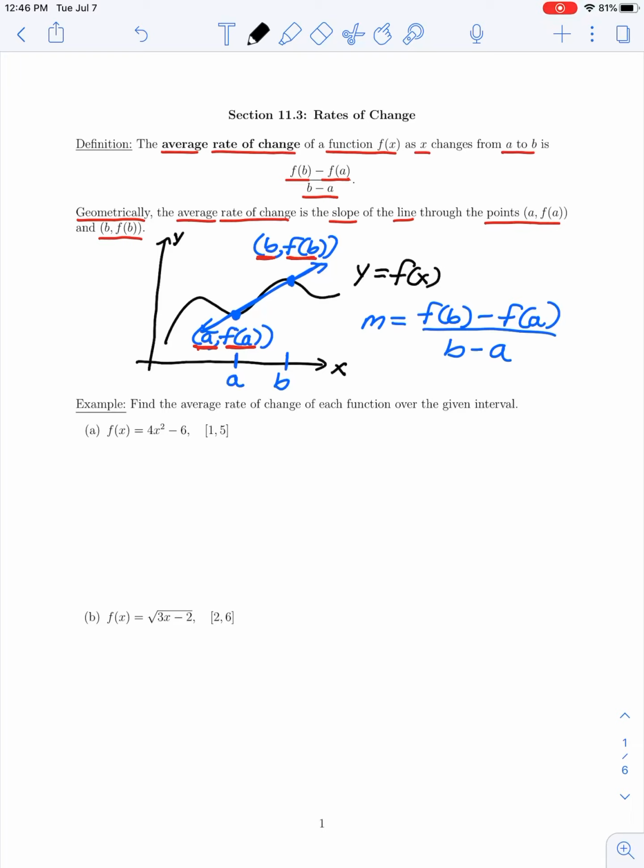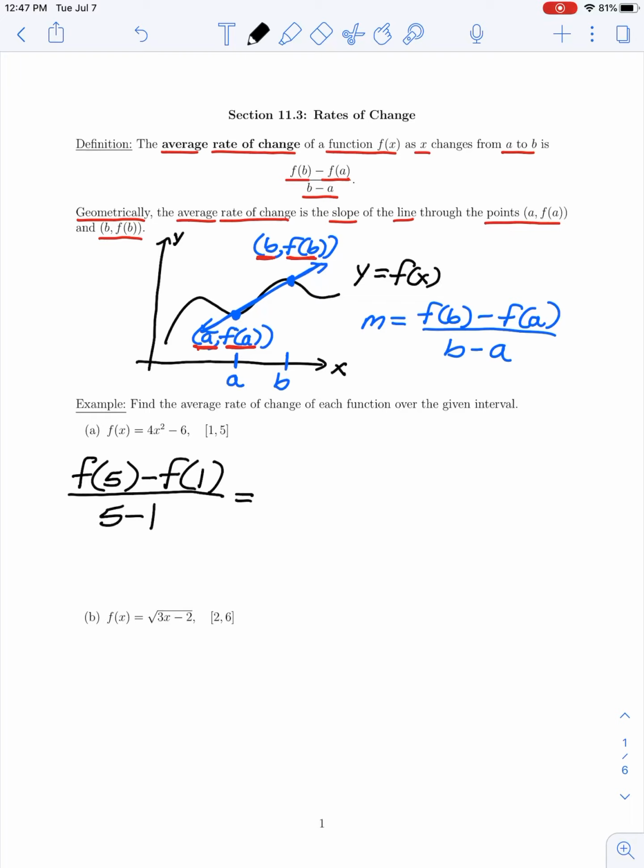So that is as x is changing from 1 to 5. So by definition, the average rate of change of the function over this interval would be the difference in the value of the function f of 5 and f of 1, and then we would divide by the difference in the x values, 5 minus 1.